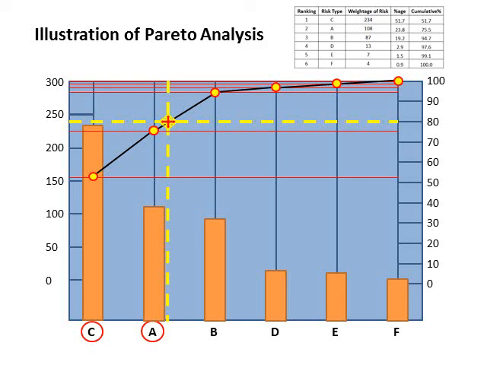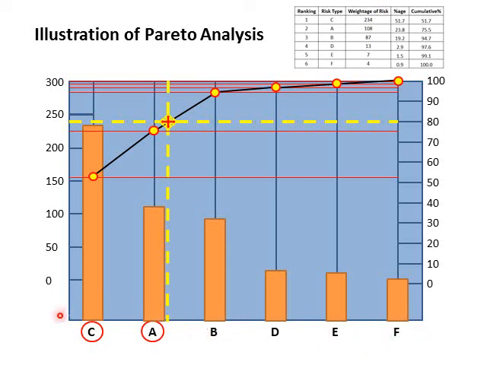I will repeat it again. According to the Pareto 80-20% rule, you have to draw a horizontal line at 80% cumulative. When this horizontal line crosses the black line which you drew earlier, you have to draw a perpendicular on the x-axis. Whatever is on your right hand side, you have to encircle it. So you have to encircle this risk type, and these two risk types C and A are the vital few, and the remaining B, D, E, F are trivial many.